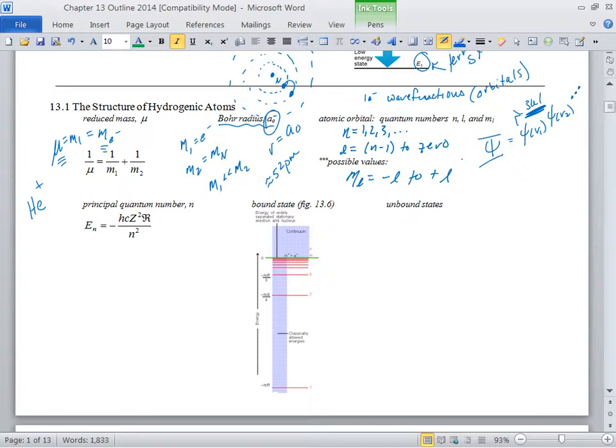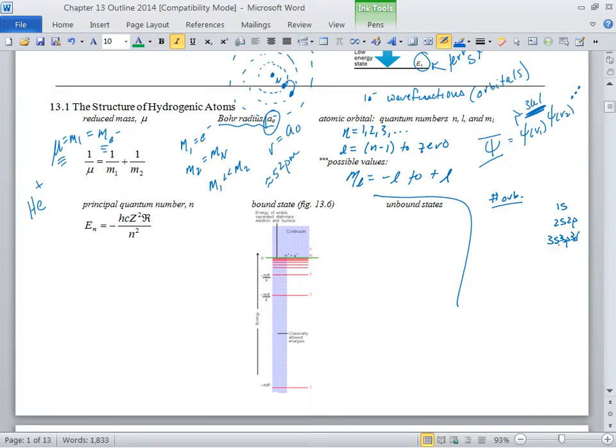And then we talked about how in the concept preview we did this. We said that we could start listing them all out, and we did this in the concept preview, so that's why I don't have to do it now. Number of orbitals: if you had 1s, 2s, 2p, you start listing them all out, 3s, 3p, 3d.